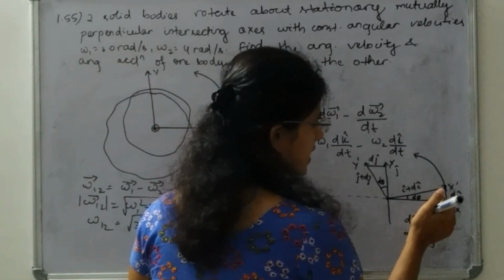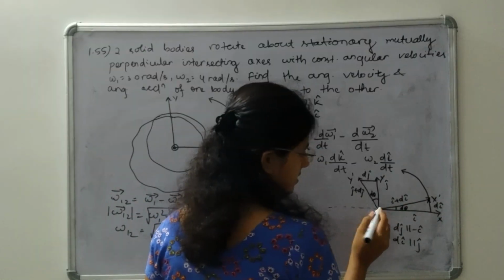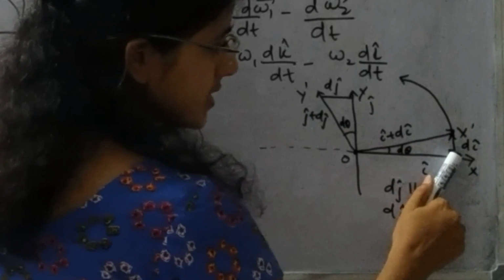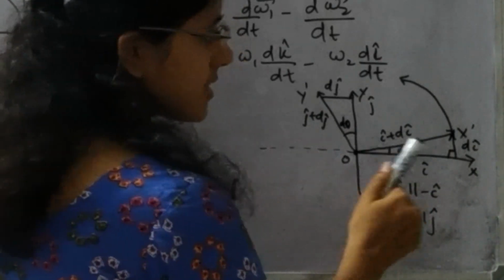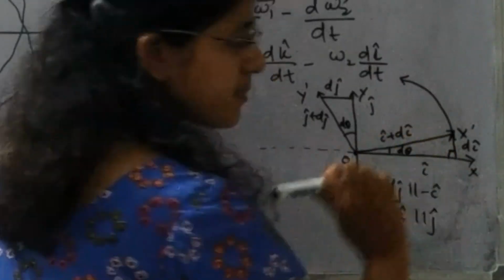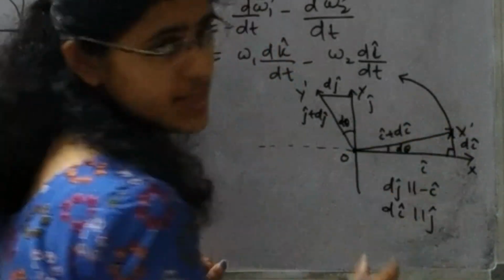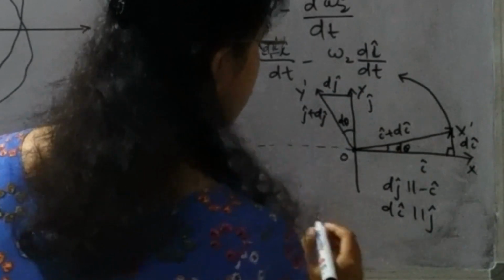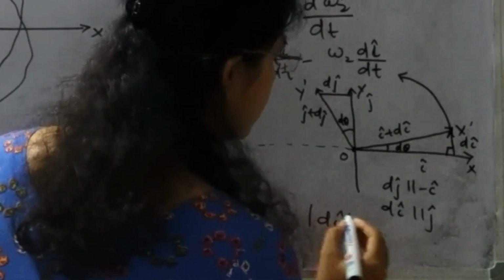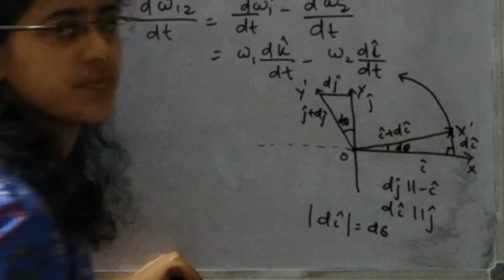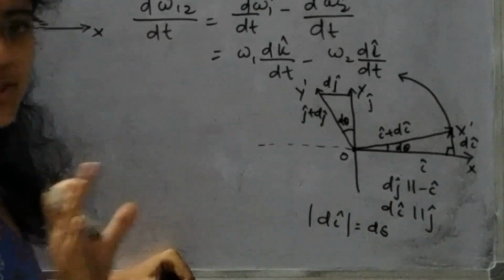In this case, this is x dash, and let us say this is O. This triangle has a 90 degree angle. So d theta is how much? This distance divided by this distance. Let us consider the magnitude of the di cap vector to be ds.